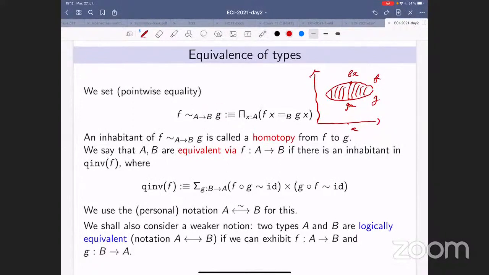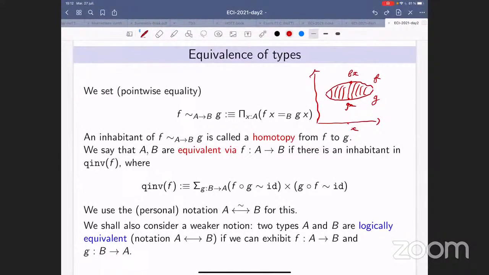This is a suggestion of the topological meaning behind this type theoretical type. This is also called pointwise equality. If we stay on Earth and do not go into topological pictures, it says that pointwise, for each x, I have a proof that fx is equal to gx. An inhabitant of this type is called a homotopy from f to g.